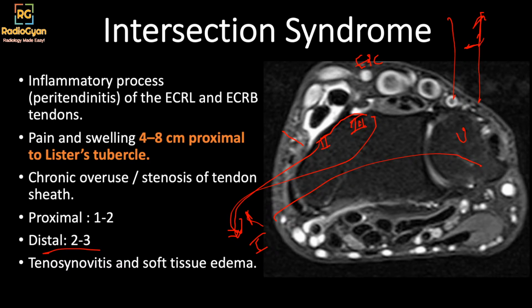Whenever there is friction between the second and the third compartment, that will give rise to distal intersection syndrome. This is less common as compared to proximal intersection, which will occur proximally around the wrist, where there is crossing of the compartment 1 and compartment 2 tendons. Again, the imaging findings would be tenosynovitis and soft tissue edema.